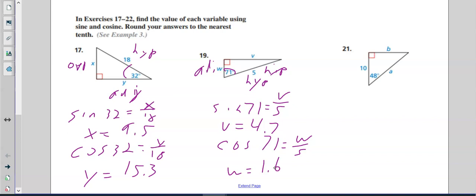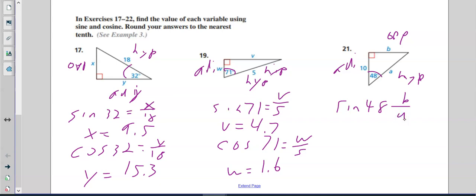21 from 48. Again, hypotenuse. From 48, this is opposite, and this is adjacent. So, sine of 48, which is the opposite, b over the hypotenuse, a.